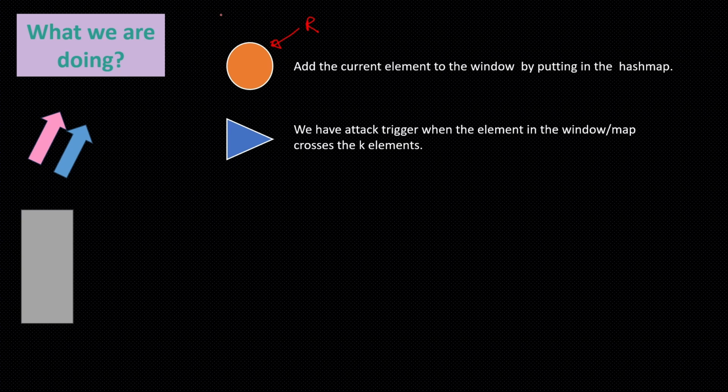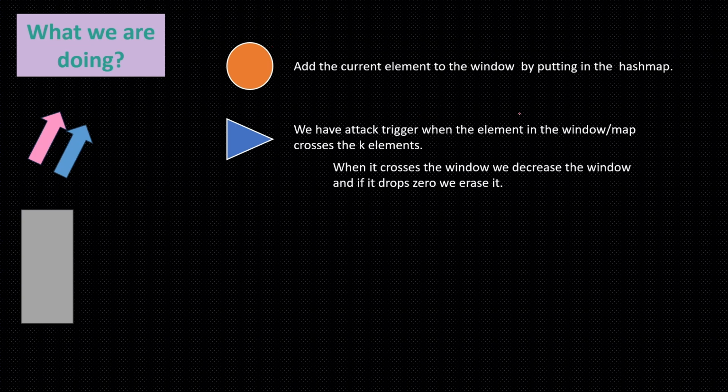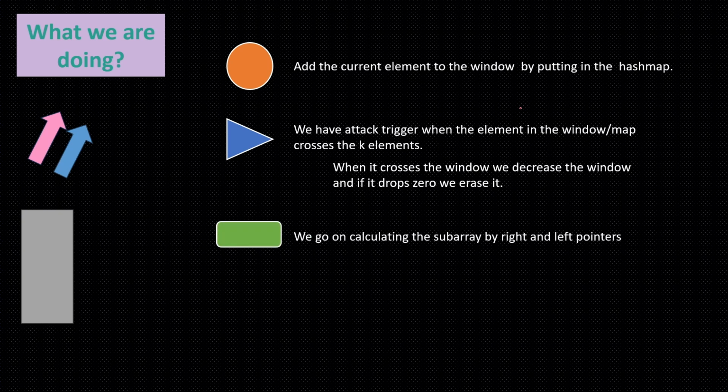We have to trigger an attack when the number of elements in the window map crosses k. We have seen this: when the size is greater than k, we have to shrink the window, and when it crosses, we decrease the count, and if it drops to 0, we erase it. And then we go on calculating the subarrays using the right and left pointers.